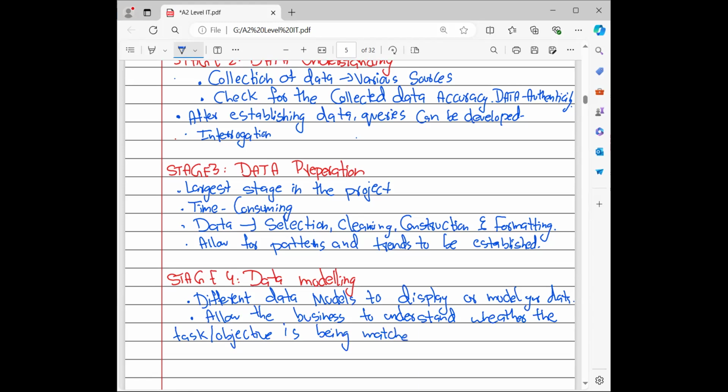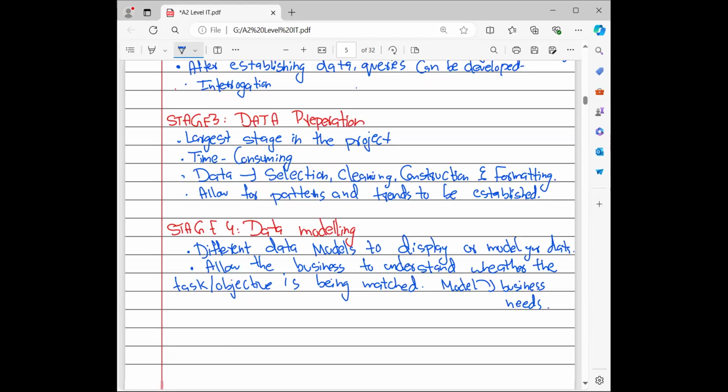When it comes to a data model, you can show different models and you can check whether that model is closely aligned to your business needs or not. This is your fourth stage.